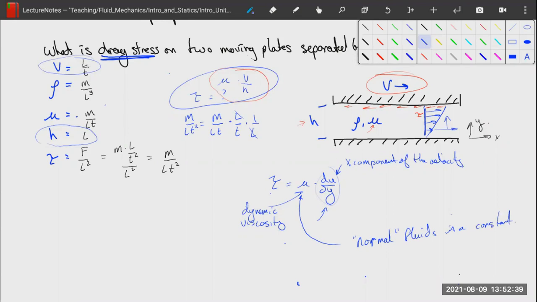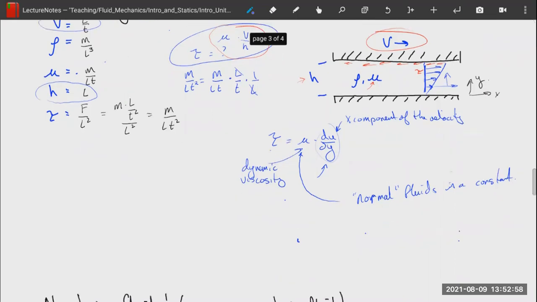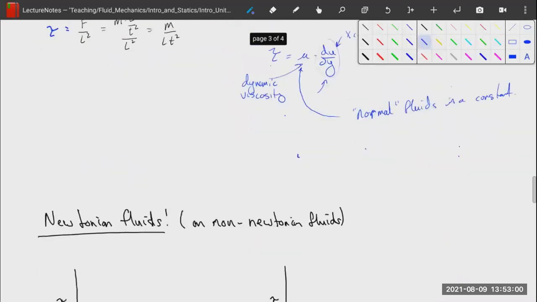It's mildly dependent upon temperature for water, barely dependent upon pressure. It's actually mildly dependent upon electric field. Like it varies based on your environment, but we can call it a constant and actually have it work for most problems that we're doing, right? These normal fluids are called Newtonian fluids, right? The opposite obviously would be non-Newtonian fluids.